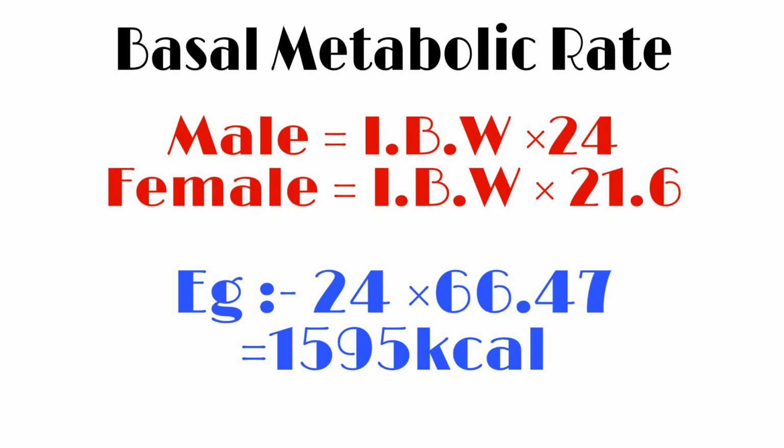So first we have to calculate that, and to do so, if you are a male, you have to multiply your ideal body weight by 24, and if you are a female, you have to multiply your ideal body weight by 21.6. Okay, so now you found your basal metabolic rate.